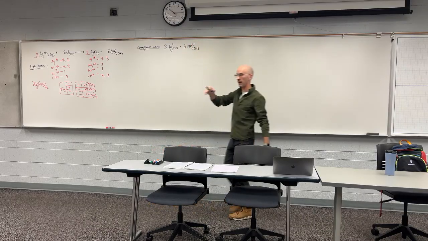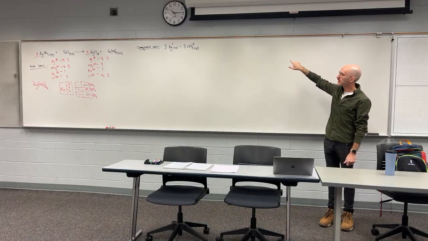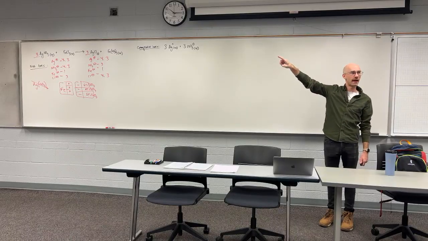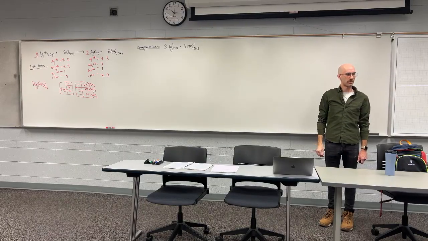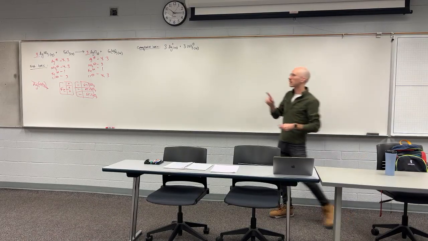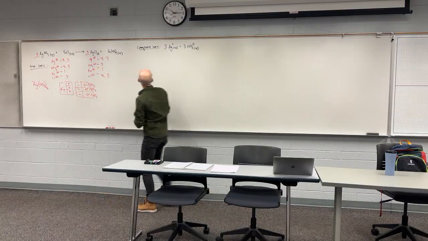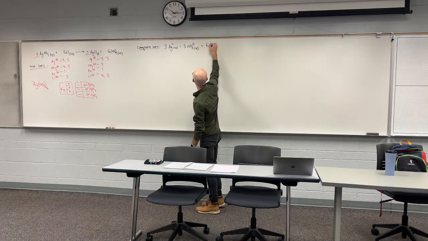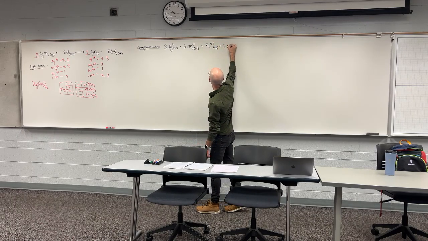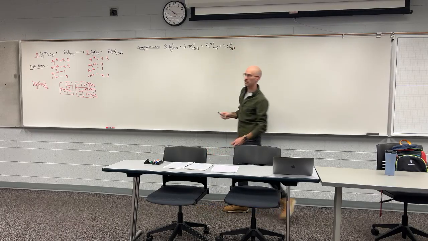And I want to touch on this. Why is it the subscript 3 from nitrate doesn't come out to multiply with the coefficient? Because we're going to look at how iron 3 chloride gives me iron 3 plus aqueous plus 3 chloride aqueous.